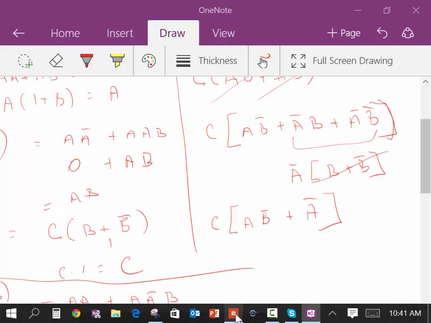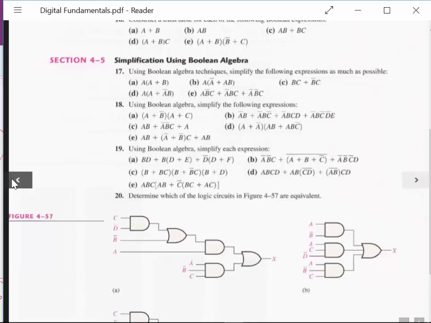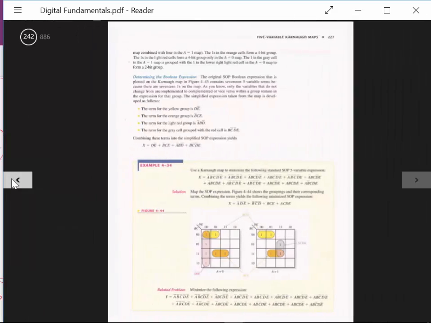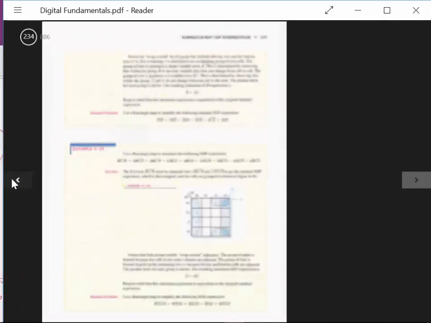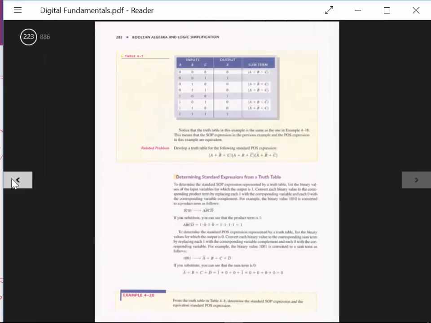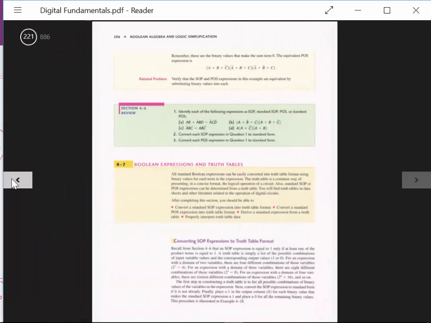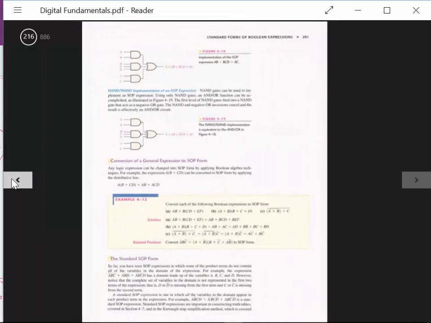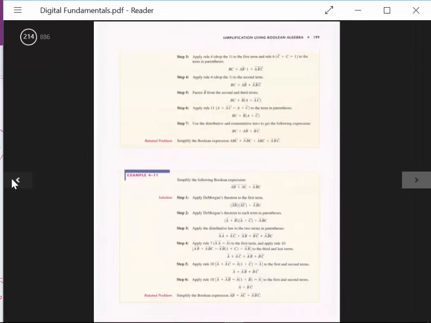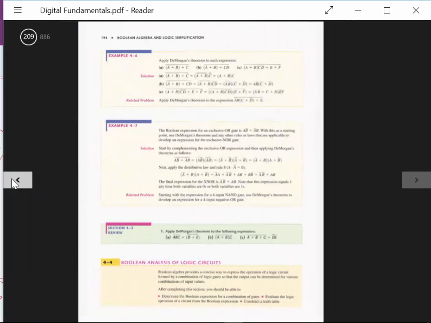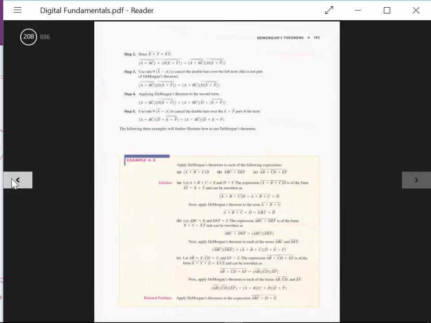Let me go back to the book and find my table in the book here. I wish this software allowed me to put in bookmarks.